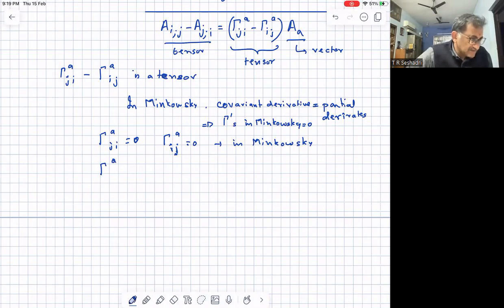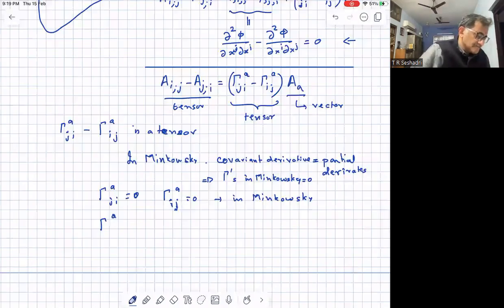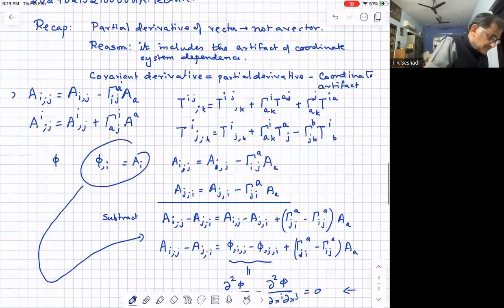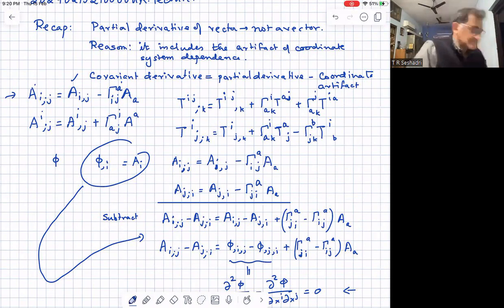Because on the left-hand side we have a tensor, and on the right-hand side a tensor plus something that's not a tensor. No, we can't have it. This term here, the partial derivative, is not a tensor either. So the non-tensor nature of the partial derivative and the non-tensor nature of the second term cancel each other to make the left-hand side a tensor.